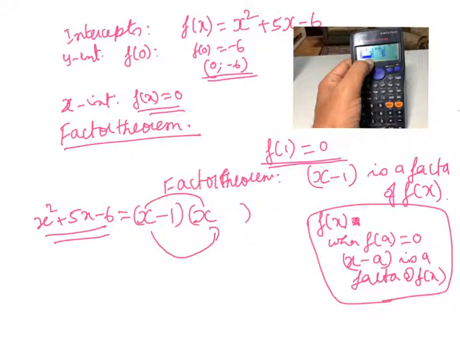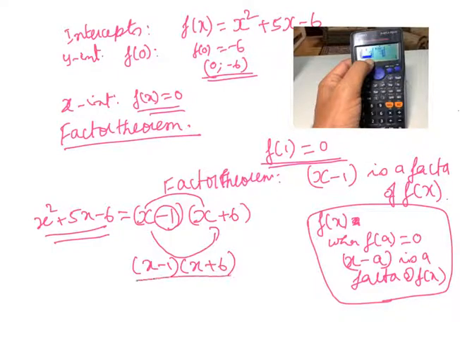Now look at the constant. Negative 1 times some number should give me negative 6, so that definitely has to be positive 6. So my factors are x minus 1 and x plus 6.